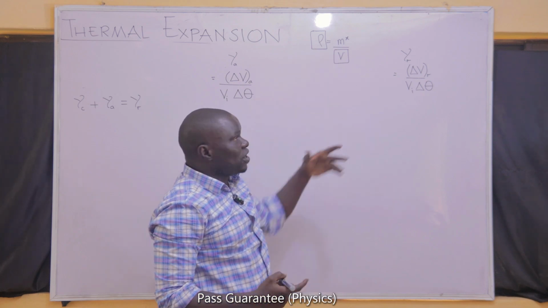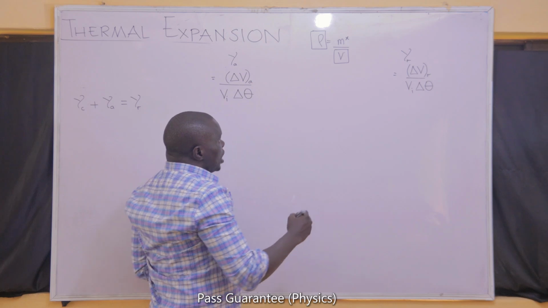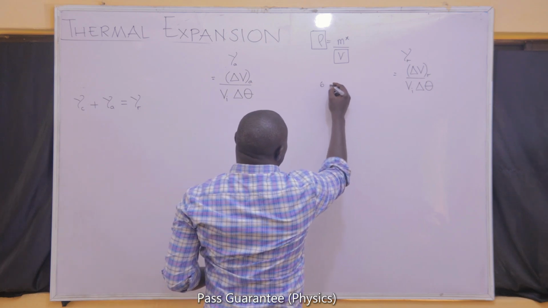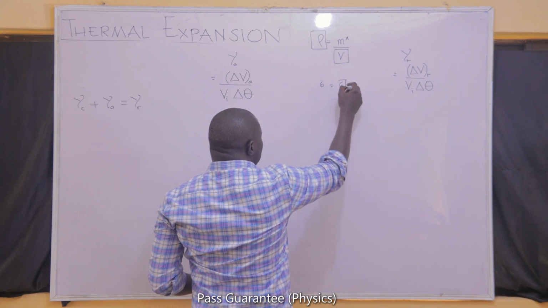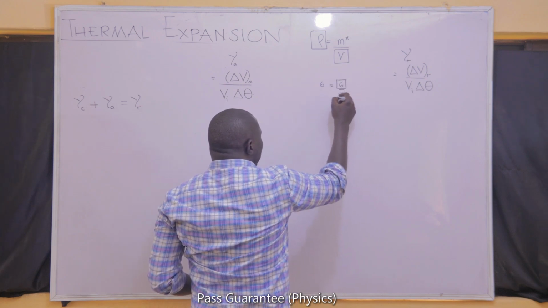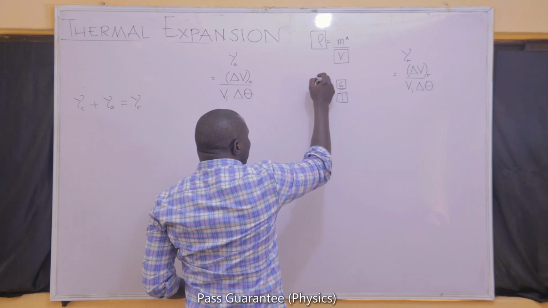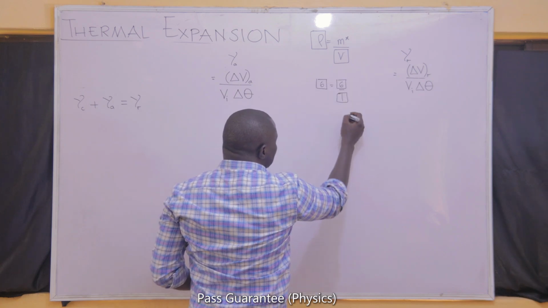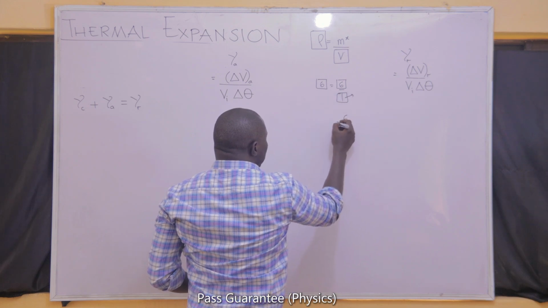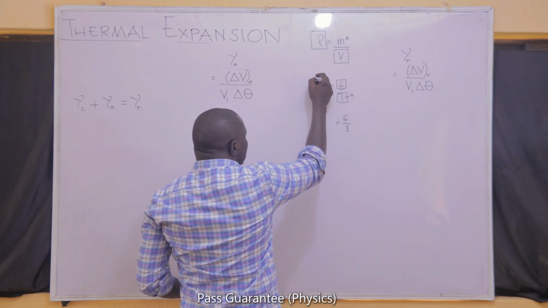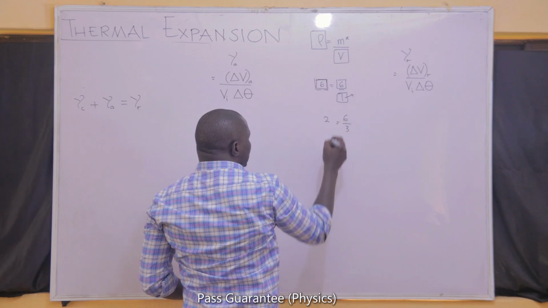For example, we know quite well that 6 is 6 divided by 1. For this to remain 6, if I have to change the 1, then this answer must also change. If I decide to change this 1 to 3, then we expect that the quotient cannot be 6 anymore. It has to be 2.